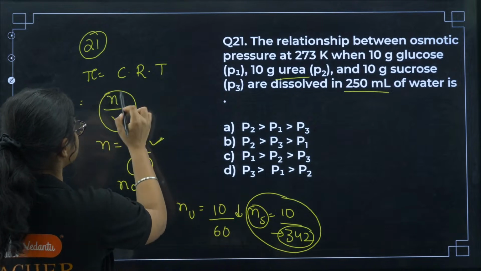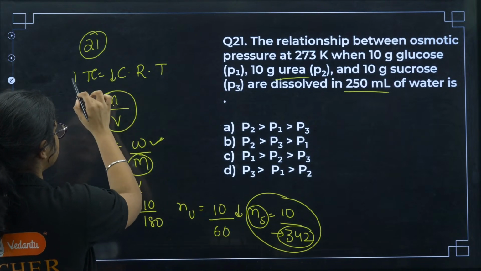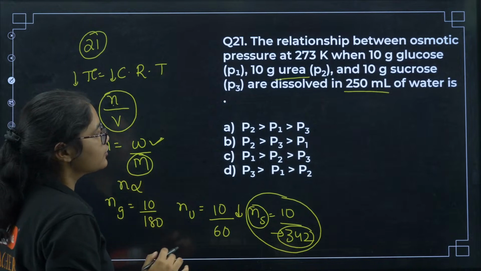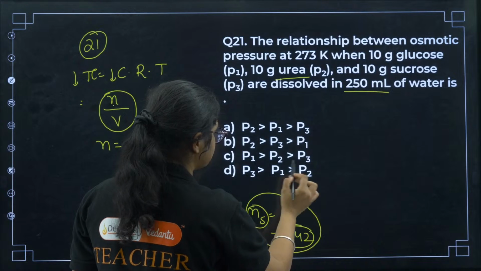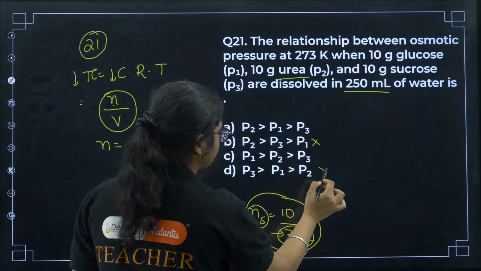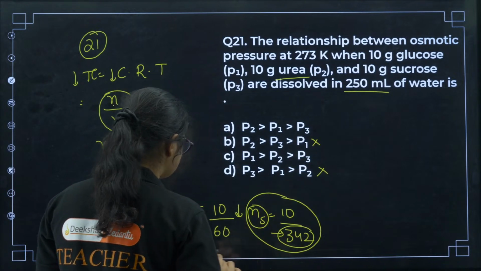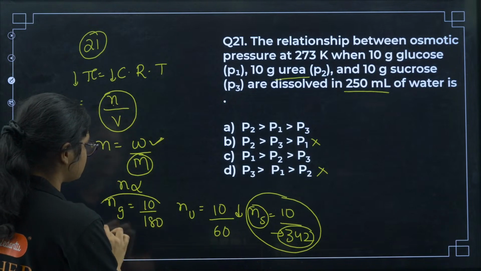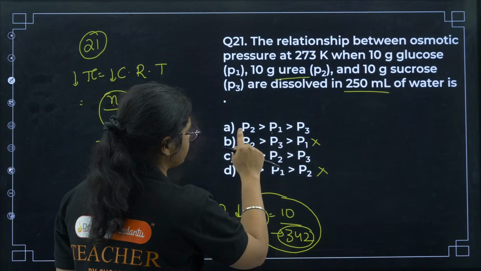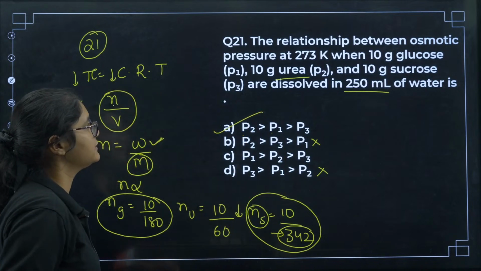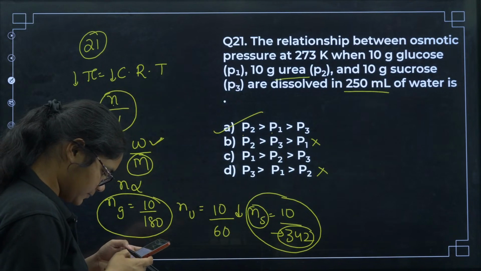If number of moles is least, concentration will be least, pi value will also be least. So where we have sucrose as the least, I can eliminate those two options. Next one is glucose, so glucose is P1, so P1 will come after that, then P2. So option A is the correct answer here.